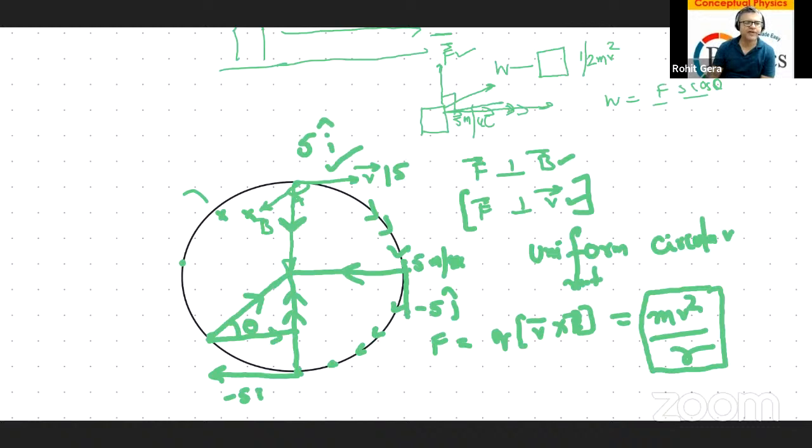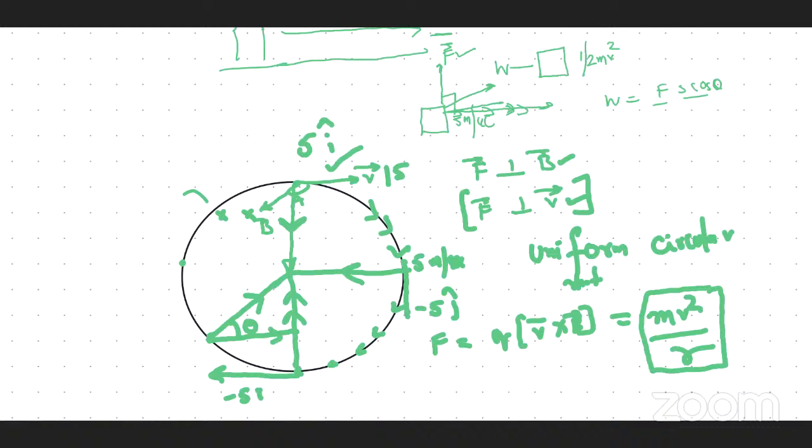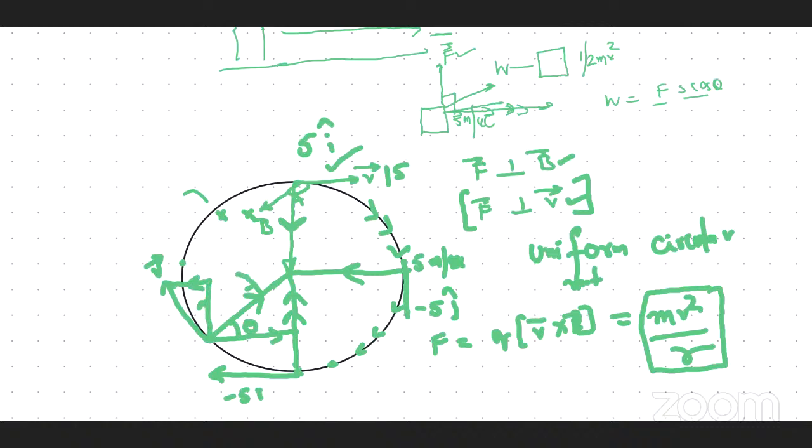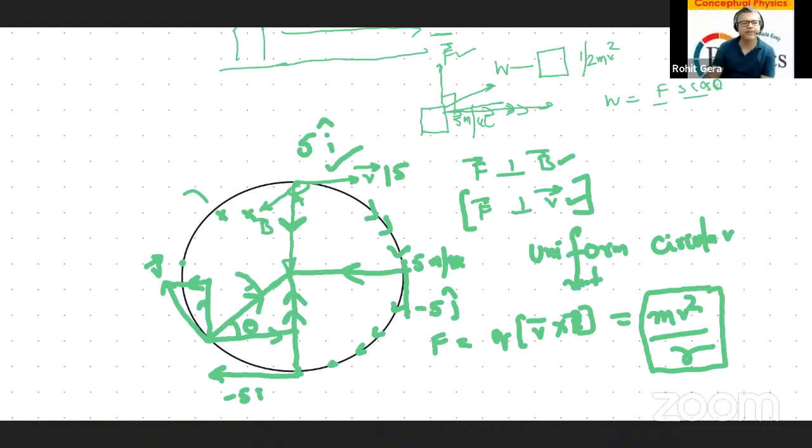So this is also 5, and you can split this velocity vector into two parts. This is the radius of the circle. The velocity vector and the radius are always perpendicular in a uniform circle. This is the radius vector. Both are rotating.